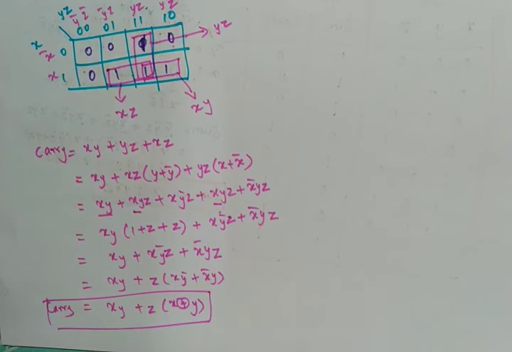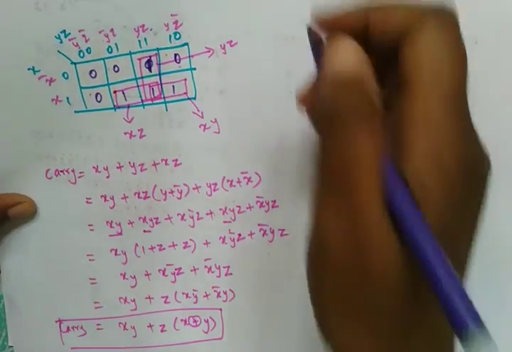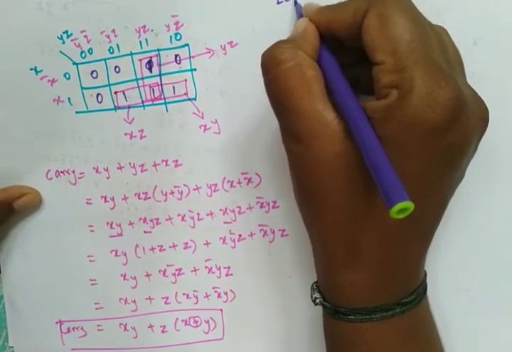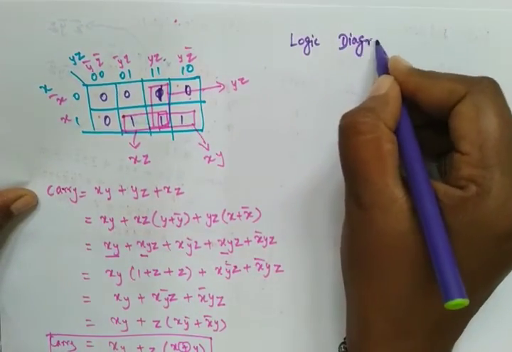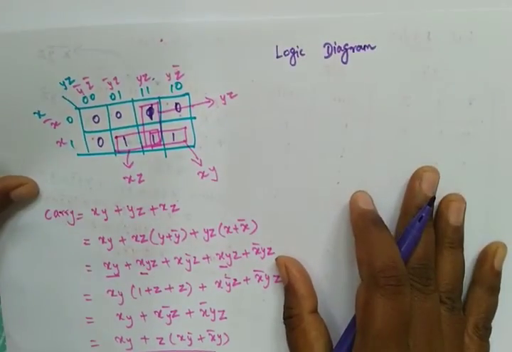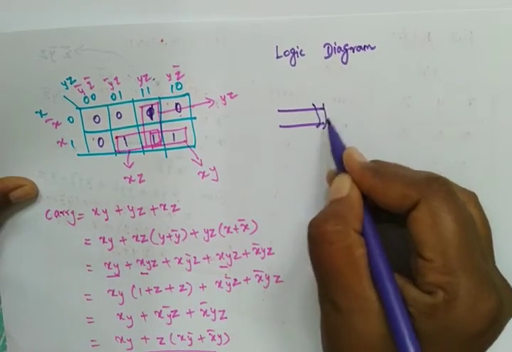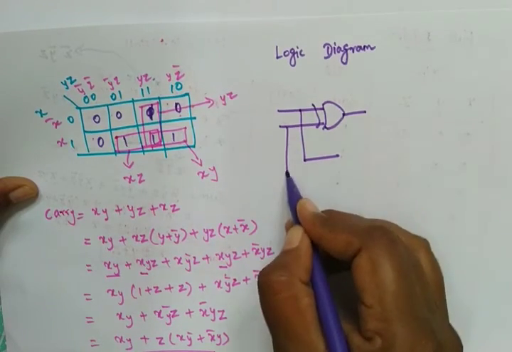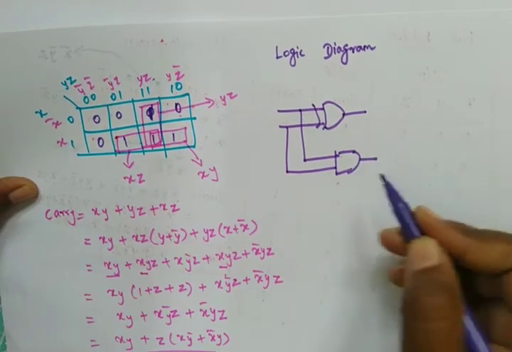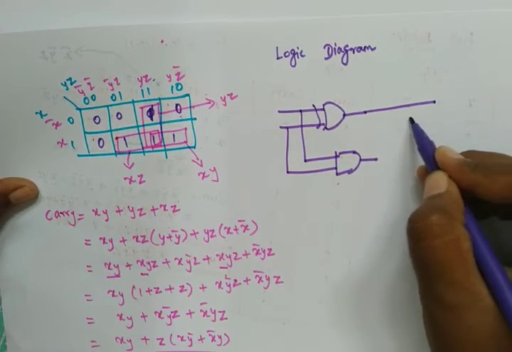Now we have to draw the logic diagram. This logic diagram is actually built using two half adders. We can combine two half adders to form one full adder. Now listen, this is one half adder, this is another half adder.